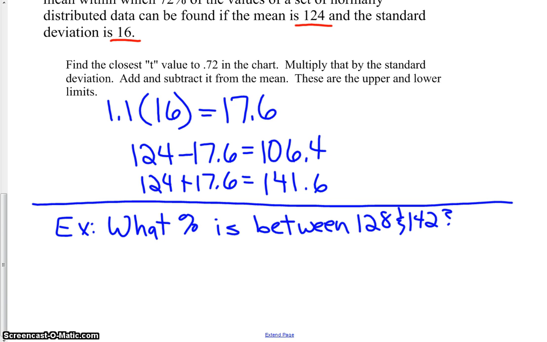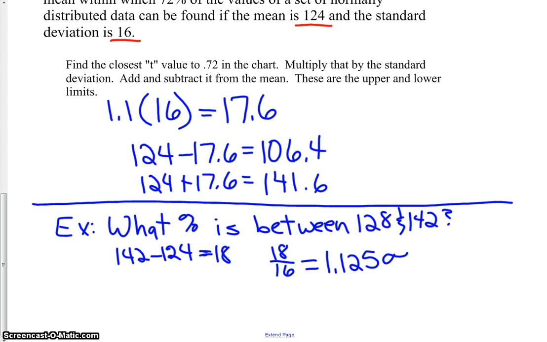The first thing I have to do is figure out how far 142 and 128 are from the mean. 142 minus 124 is 18. That's 18 away, but one standard deviation is 16, so it's a little bit more than one standard deviation. How much more? 18 divided by 16 is 1.125 standard deviations.